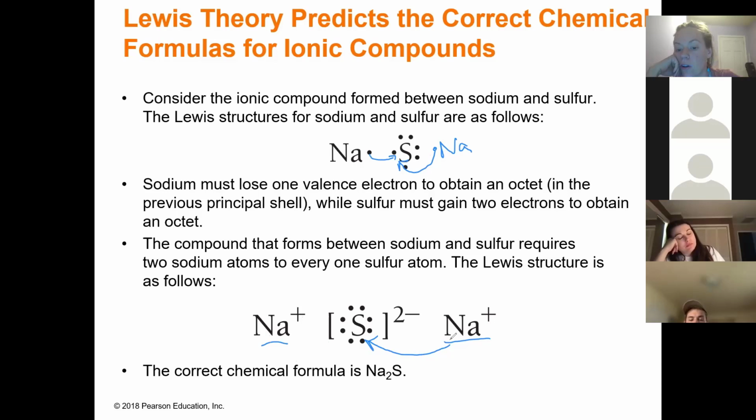That allows each sodium to have an octet from the previous shell, and the sulfur has its octet by now filling its current shell. Again, doesn't that seem like a lot of work when we can go Na has a plus charge, sulfur has a 2- charge, flip-flop, we get Na2S. They have similar predictability power, and I just feel like this is a lot faster.